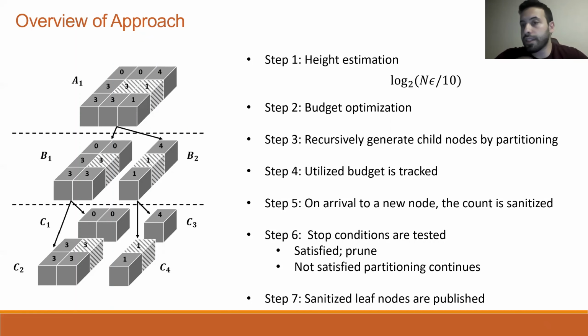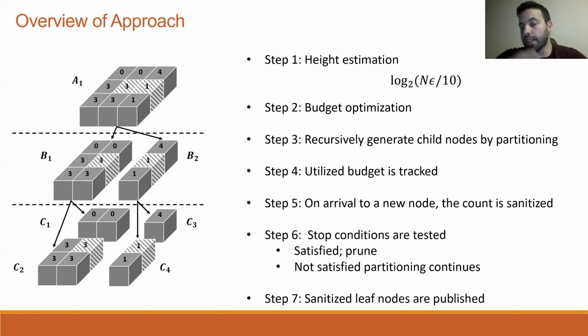Upon arrival at a new node, we sanitize the count of that node. Once we have the sanitized counts, we evaluate them against different stop conditions, and this is done privately because the count is sanitized. These stop conditions could be based on the number of users, the density, or any other user-defined objective functions.